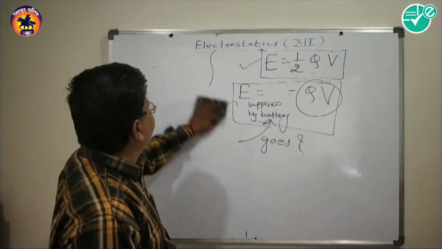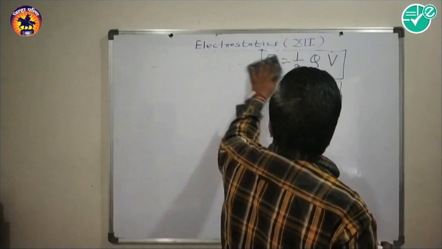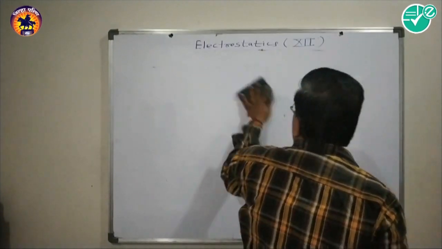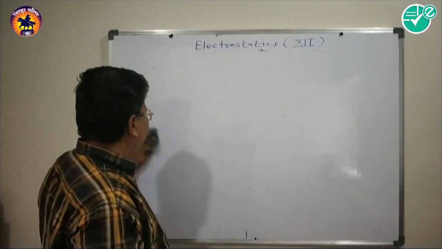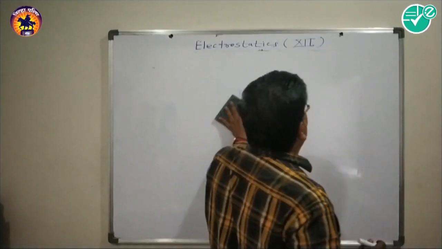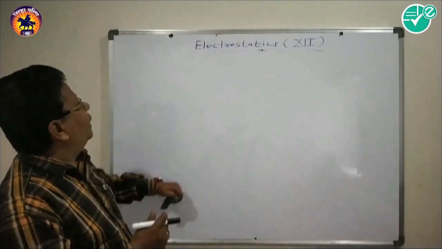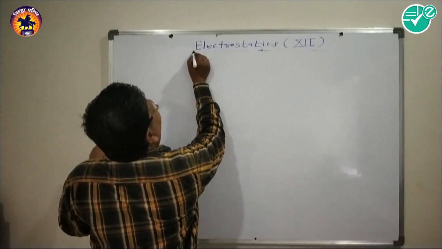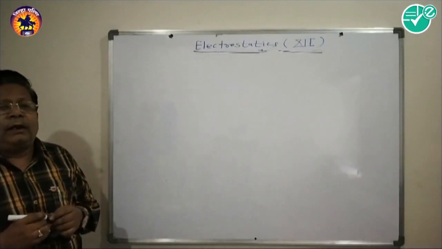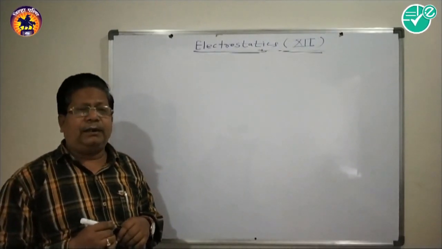Now finally, we will summarize the capacitors in parallel and capacitors in series in tabular form, due to which we can easily understand the difference between the capacitors in series combination and capacitors in parallel combination.